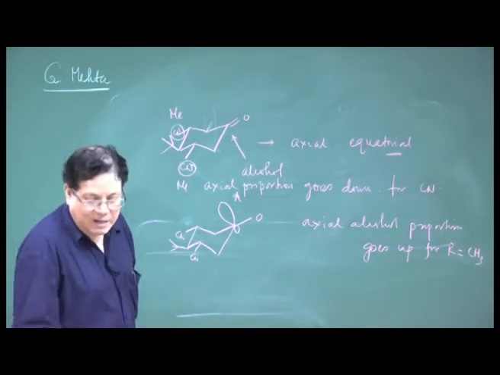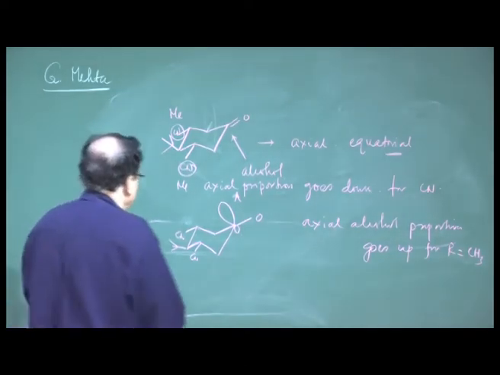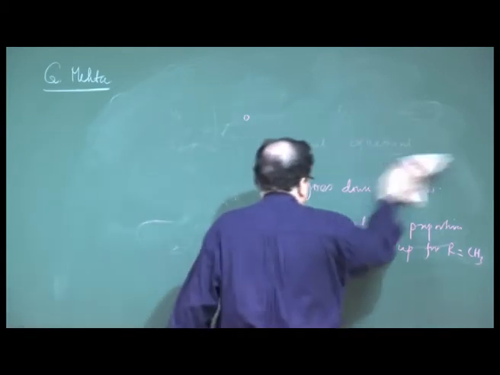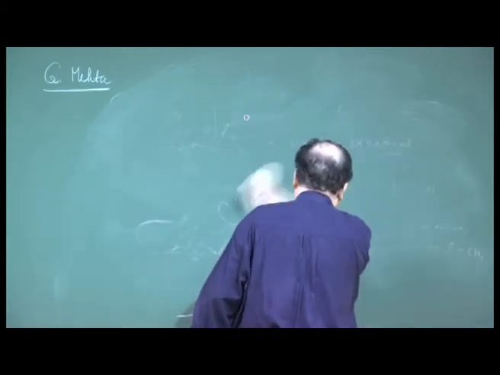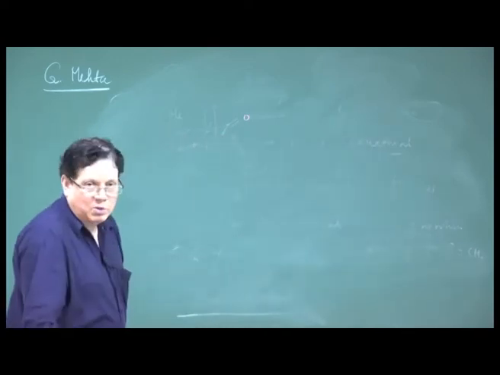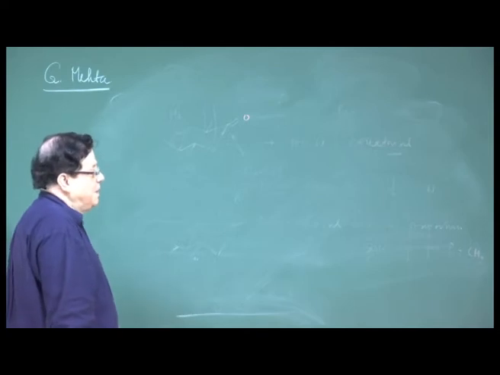Okay. So, that is more or less all about cyclohexanone, the reduction at the carbonyl, that is a big chapter. First we did the acyclic system, then we came to the cyclic system.